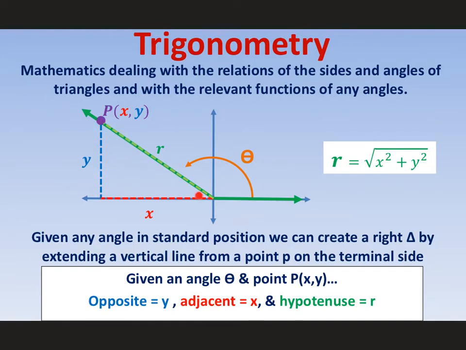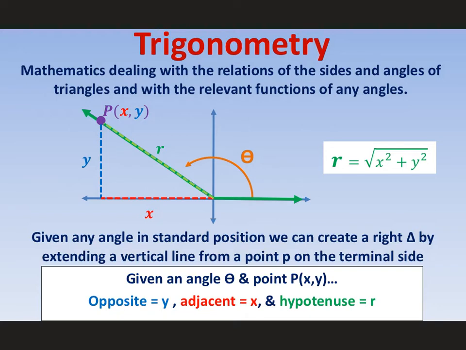To get the hypotenuse, it's just the Pythagorean theorem: x squared plus y squared, take the square root to get r. So r equals the square root of x squared plus y squared. The reason we're using this language is because we can do this anywhere on the graph.